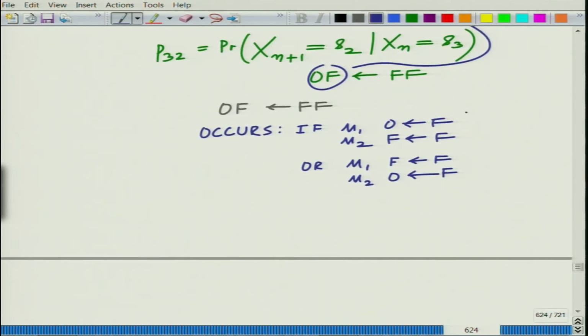These two events are mutually exclusive, so their probabilities can be added, and within each, the machines are independent.